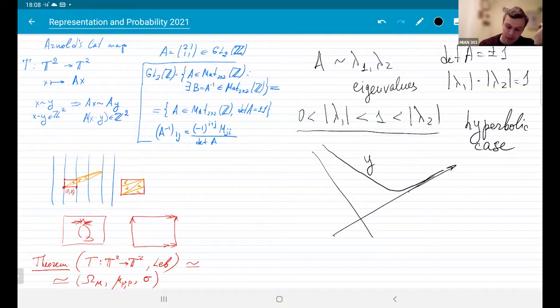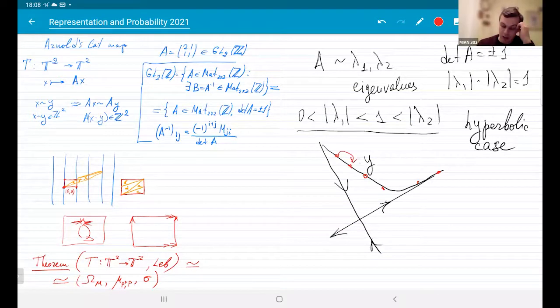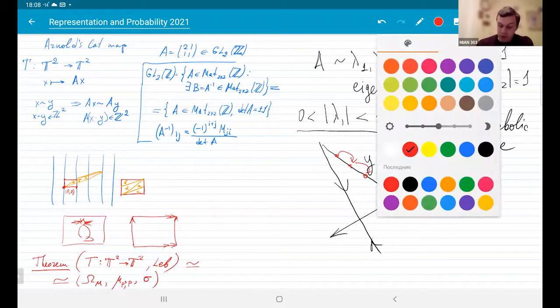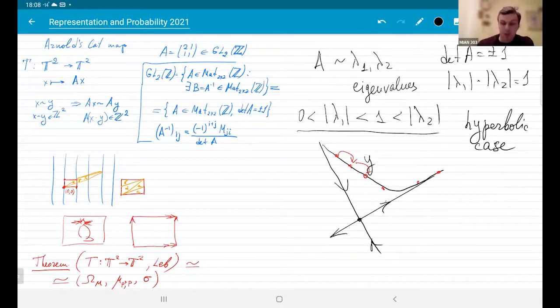In these coordinates, we have an expansion here, a contraction here, and so the orbit works like this. So this is the dynamics of this map in the plane.